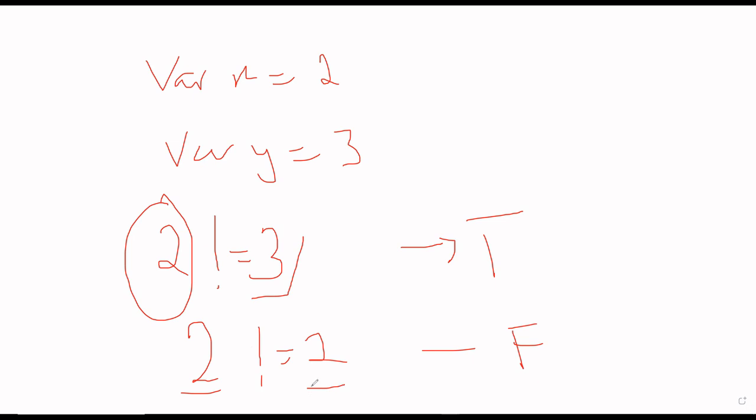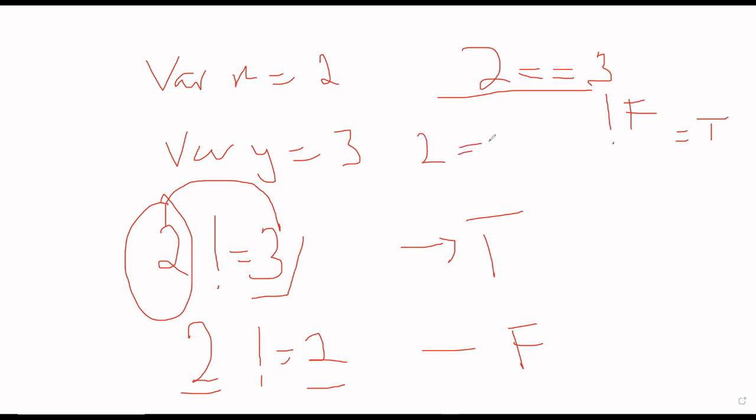So that simply means if you check the operation first without the NOT operator, what is the Boolean expression of this? 2 equal to 3 is false. Then you NOT it, and it will give you true. Here is 2 equal to 2. Yes, it is true.